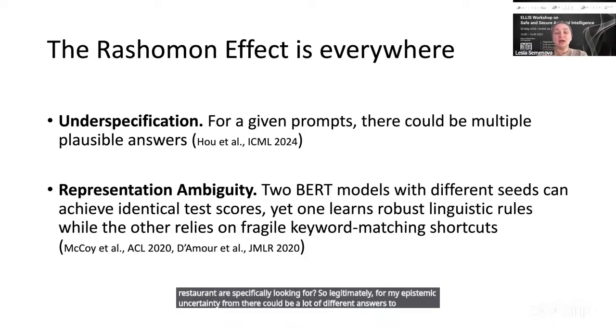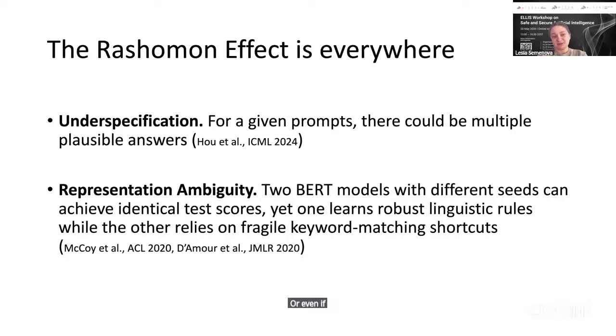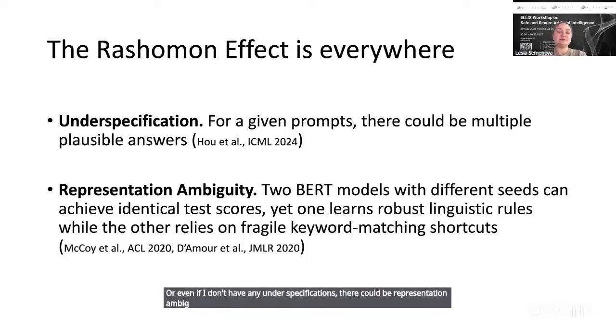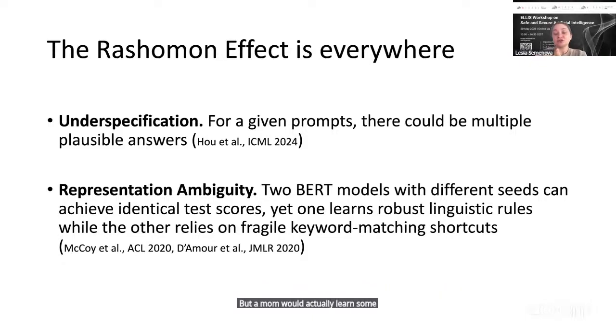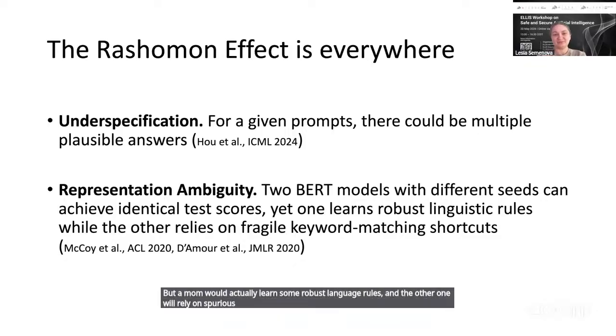Or even if I don't have any underspecification, there could be representation ambiguity. So for example, it has been shown that you can take BERT models, and just by changing the random seed, you can have very different performance, where one would actually learn some robust language rules, and the other one will rely on spurious correlations.